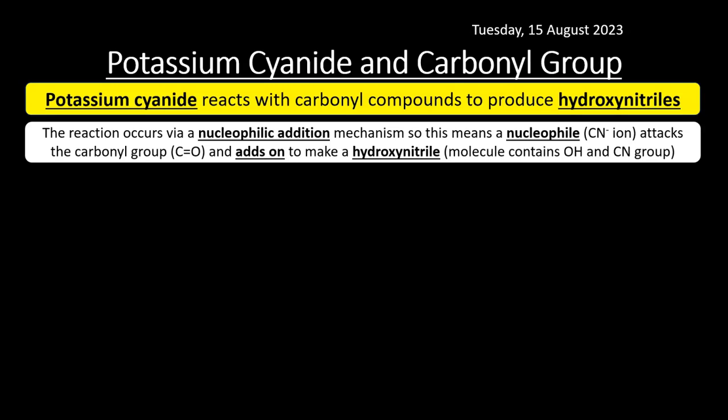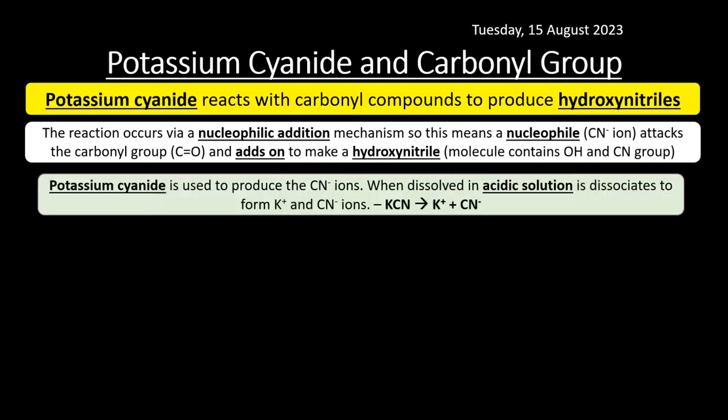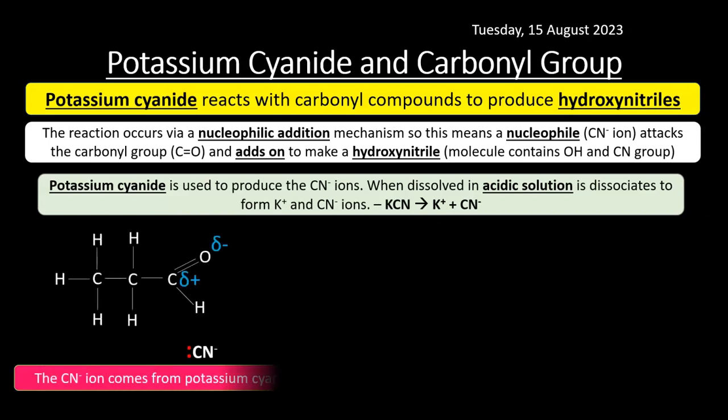We tend to use the mixture of the salt potassium cyanide and acid during the reaction. So here's the equation for the formation. As you can see, the potassium cyanide ionizes in acid solution to give potassium ions and the more important nucleophile, the cyanide ion. So rather than the H- nucleophile, this is the CN-.